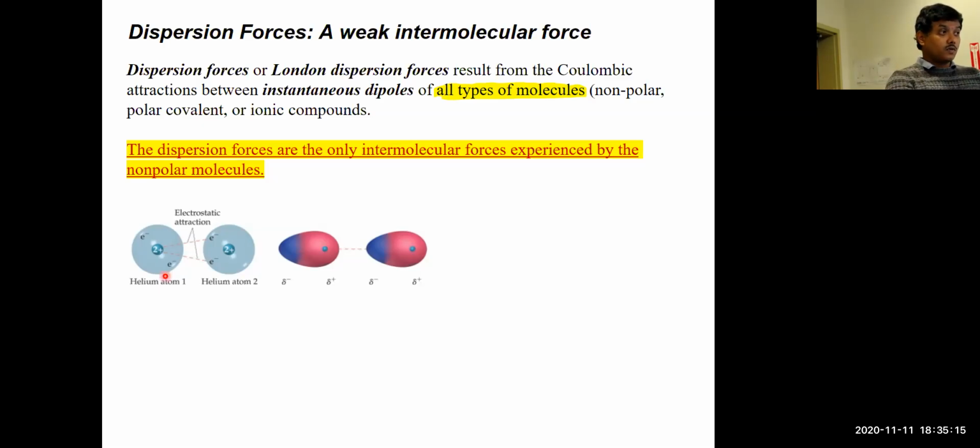So the nucleus of one helium atom is attracting the instantaneous dipole created by another helium atom, because when electrons are heavily on one side, it creates the instantaneous dipole. Instantaneous dipoles attract the positive end of one atom with the negative end of another. That is when you observe the dispersion forces.